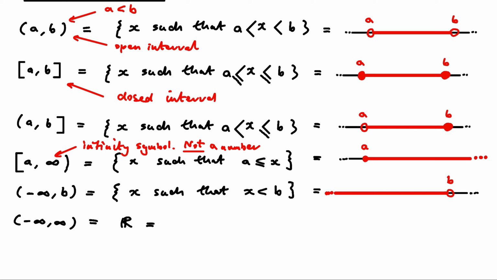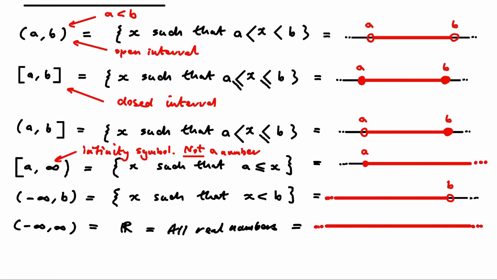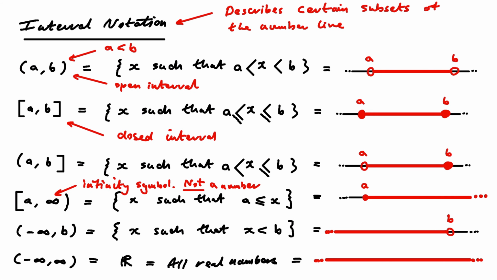So this is all real numbers. And if I was to do this, well, let's just cut straight to the chase. It would be everything, the whole thing in both directions. Neat. So this is interval notation. It's a way to describe certain subsets of the number line succinctly.